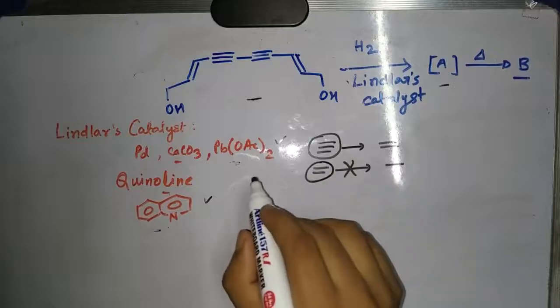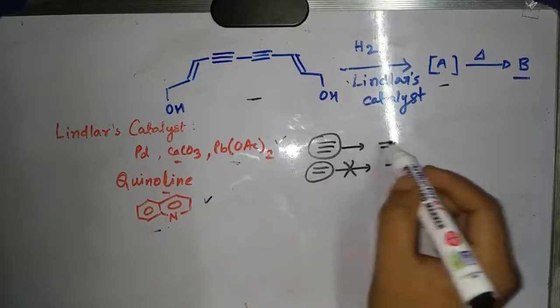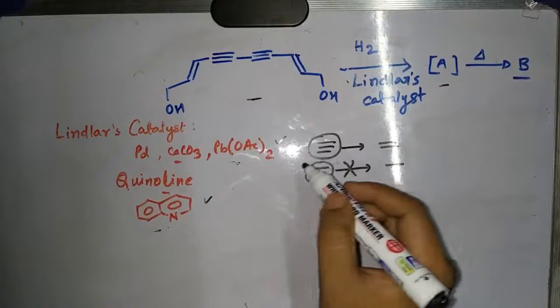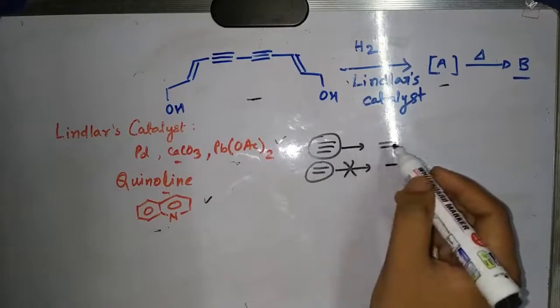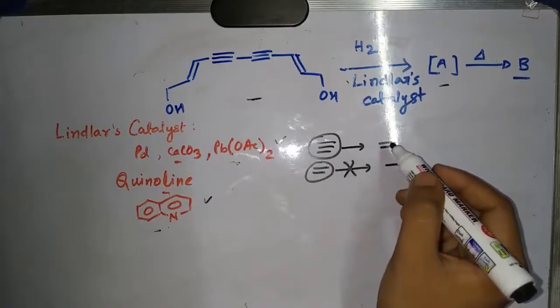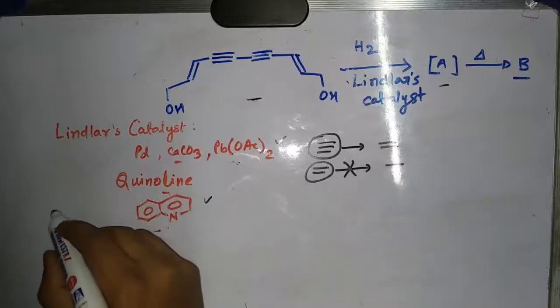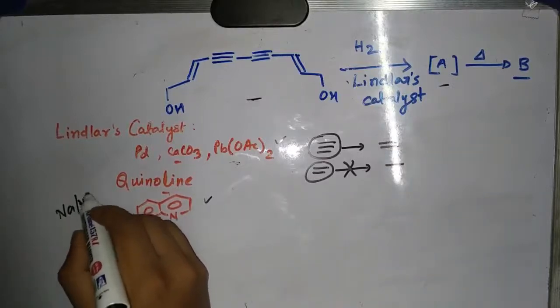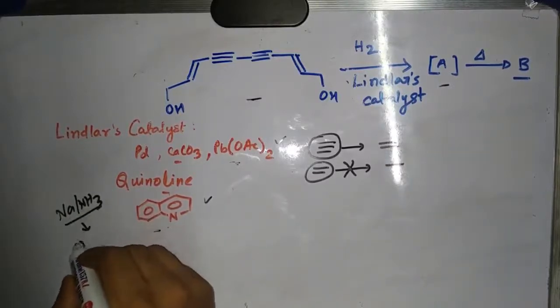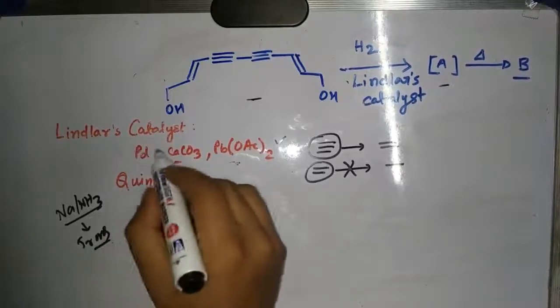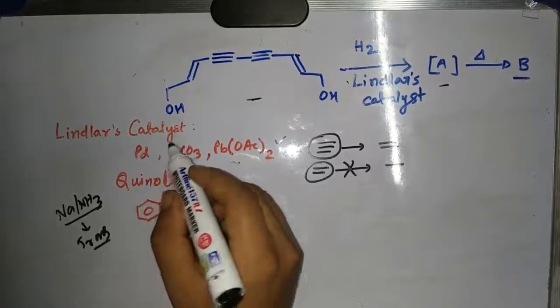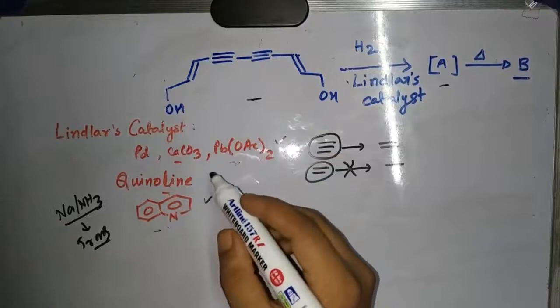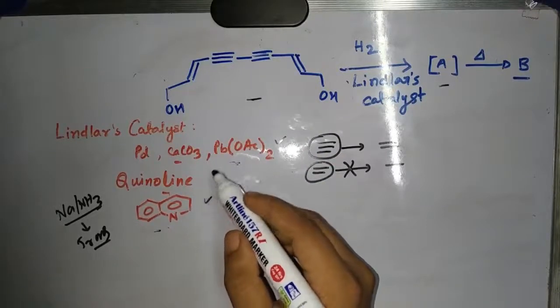And this reaction always happens in a cis geometry, so the alkene we get will have cis geometry. Unlike the sodium NH3 reduction, which leads to the trans geometry, this palladium catalyst will give the cis geometry. Why is that?